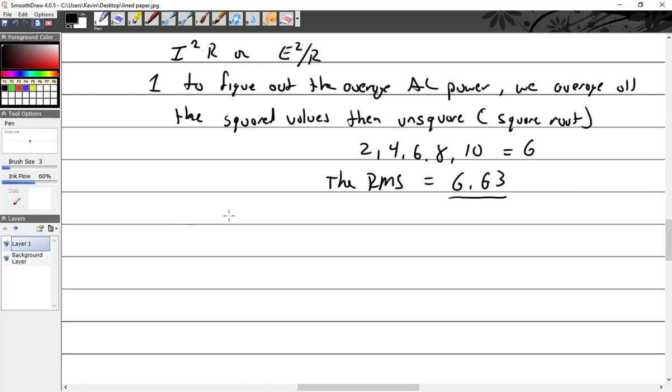Mean means average. Root is the square root. Squared is squared. So that's where they get that. They should have called it the squared root average mean or something. All right.